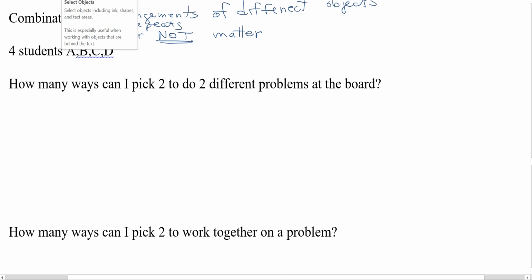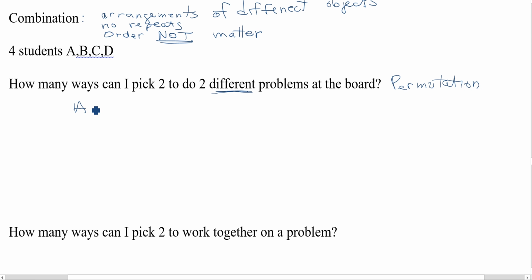Let's say I have 4 students, A, B, C, D, and how many ways can I pick 2 of them to do 2 different problems on the board? Well, if the problems are different, order matters, and this is a permutation.